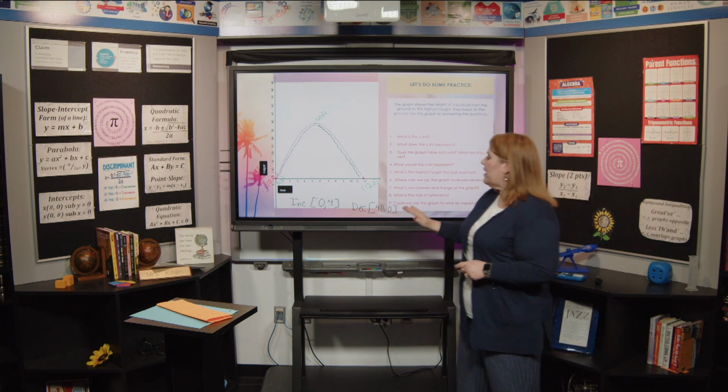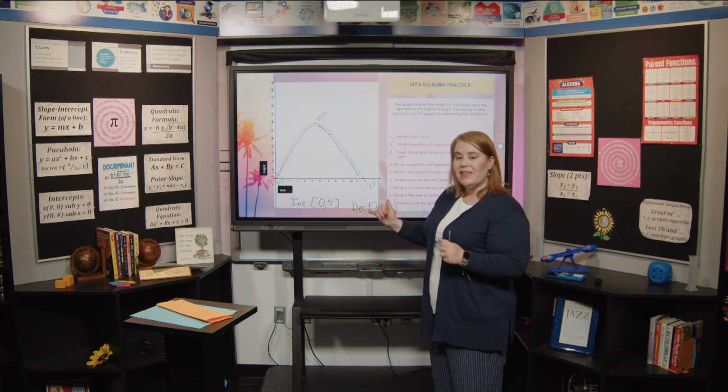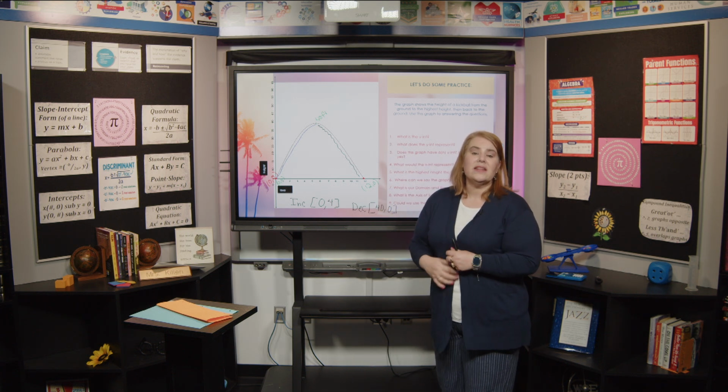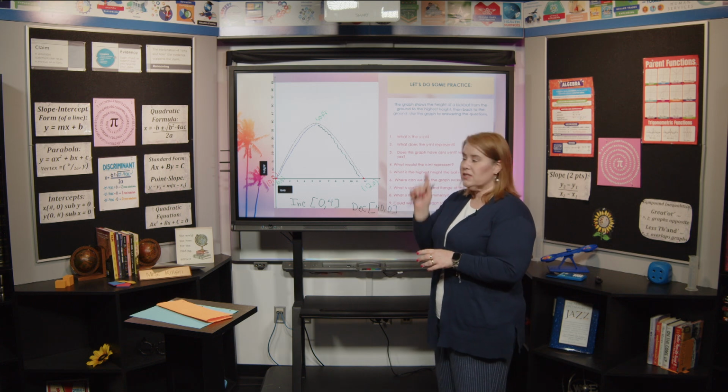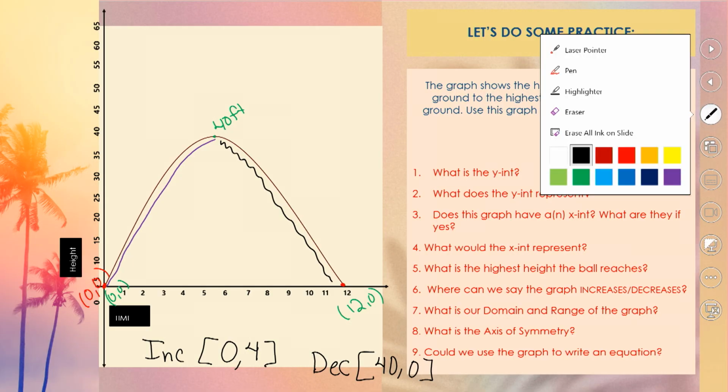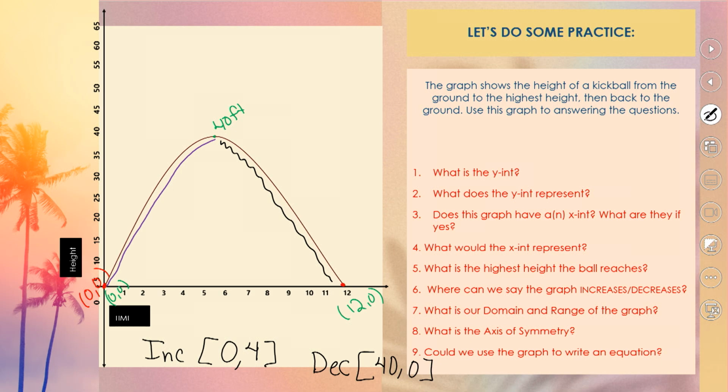So now that we know what the height is of the increase and decrease, let's go back and see those intervals of time that it increases and decreases. So let's look. We get another color. Let's do red. So what is my time interval that it increases?